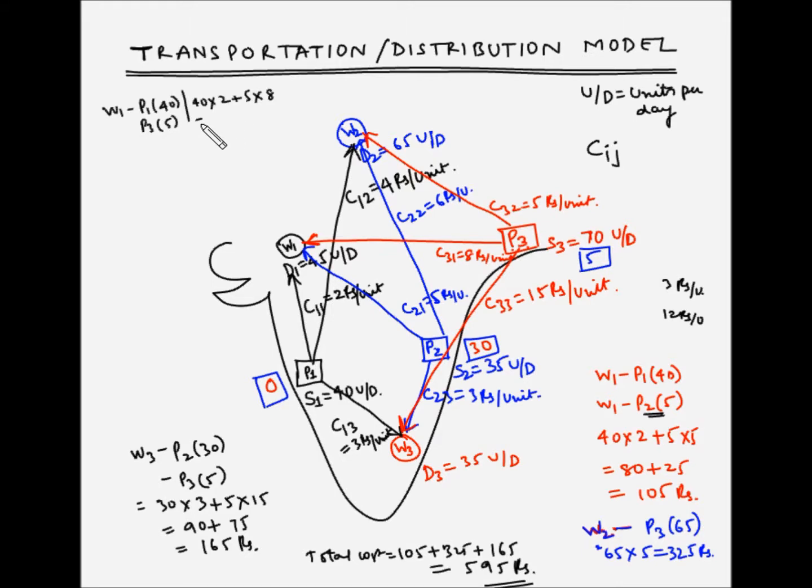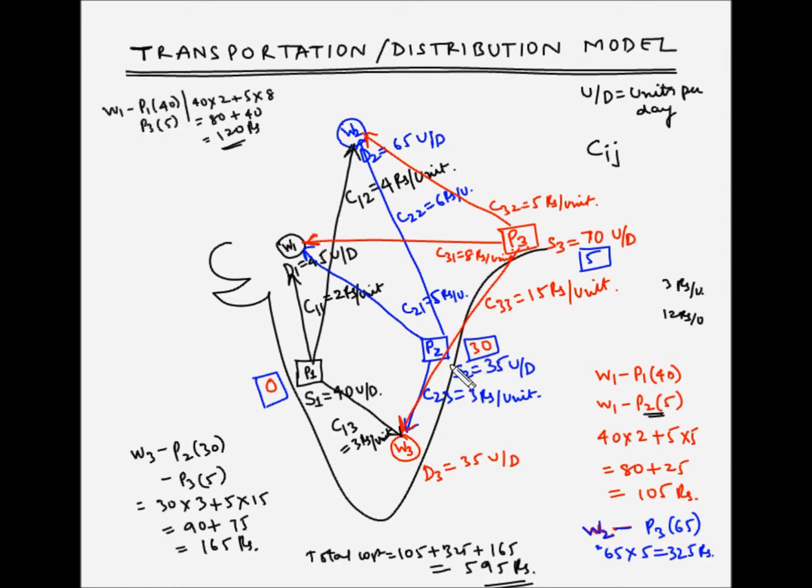So this would be 80 plus 8 5s are 40, which is equal to 120 rupees. So here definitely the cost went up. Instead of 105, now with this new allocation, the cost is 120 rupees for warehouse number 1.